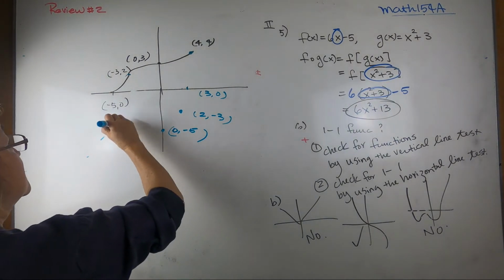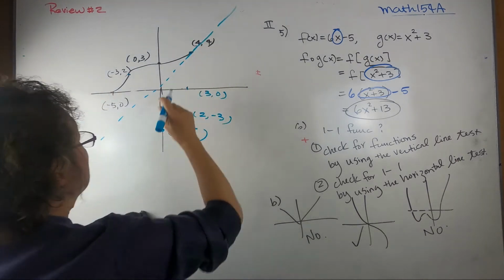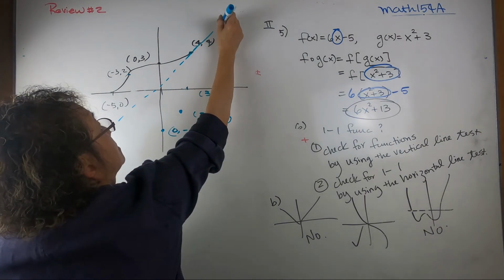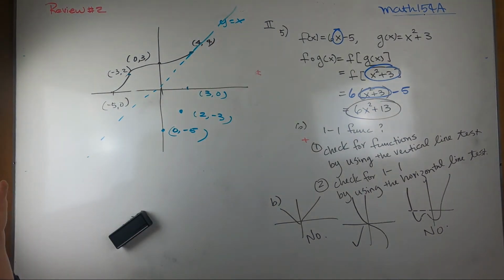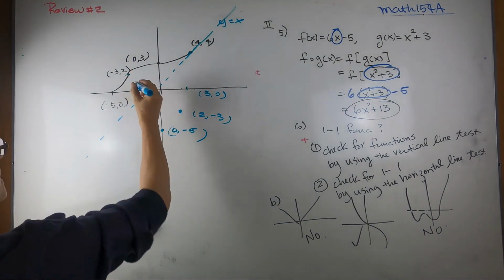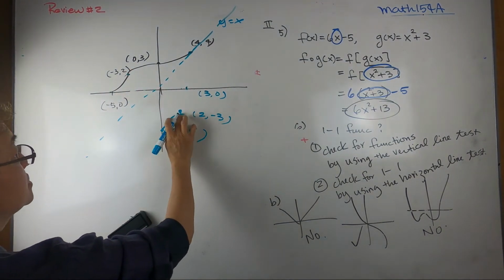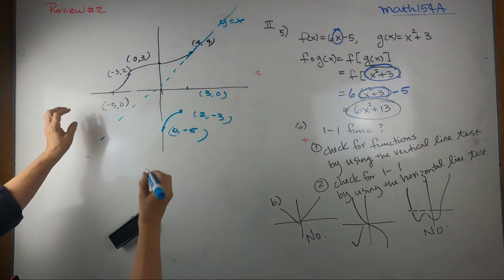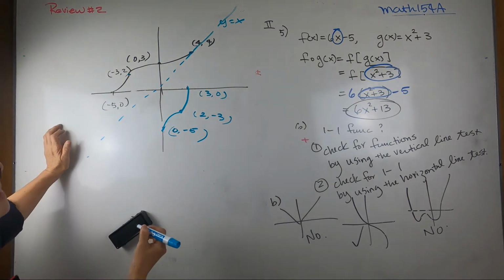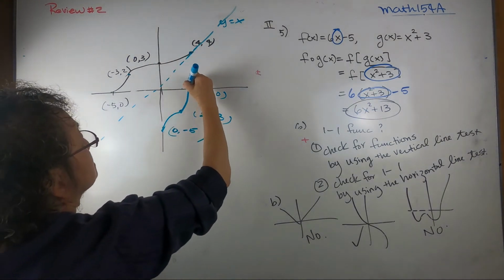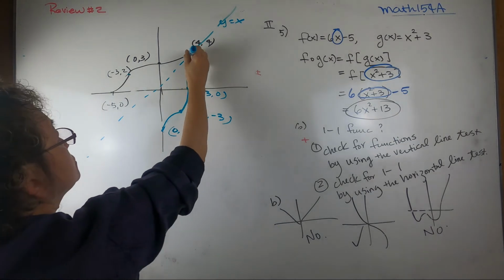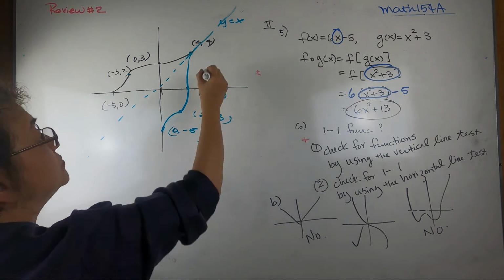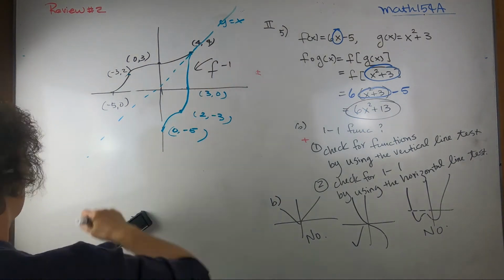Then they should be symmetrical over this line, y equals x, right? So a curve like this should be symmetrical to that, so that should be curved this way, then this one should be curved this way, then this one should be this way. So you just do it section by section, okay? So that would be your f inverse, right?